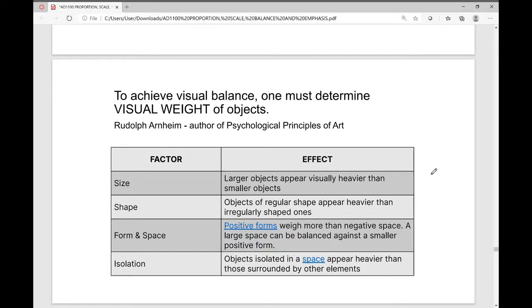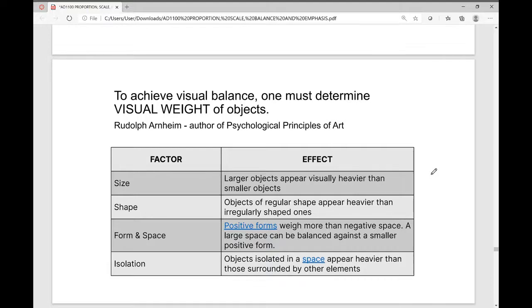Rudolf Arnheim, author of Psychological Principles of Art, notes size: larger objects appear visually heavier than smaller objects. Shape: objects of regular shape appear heavier than irregularly shaped ones.